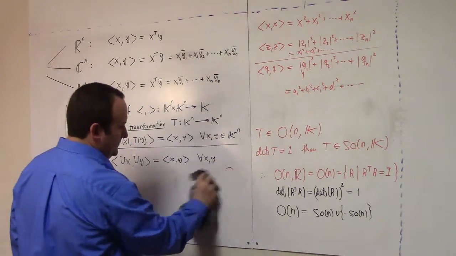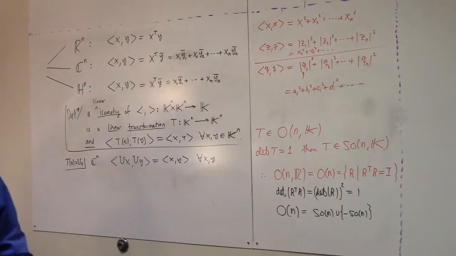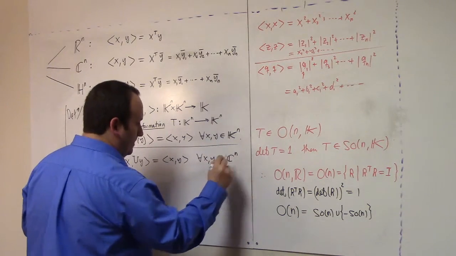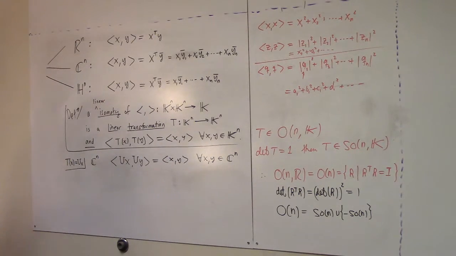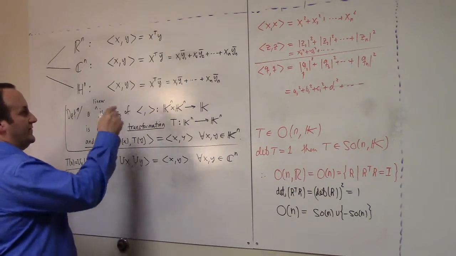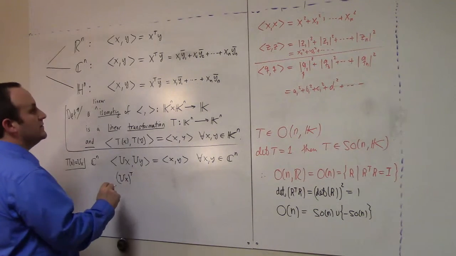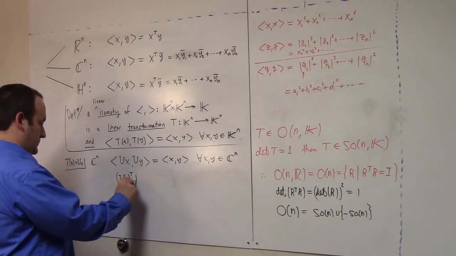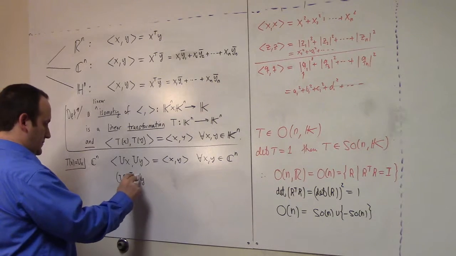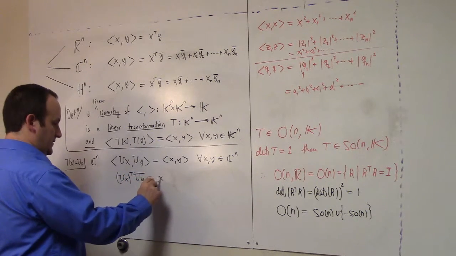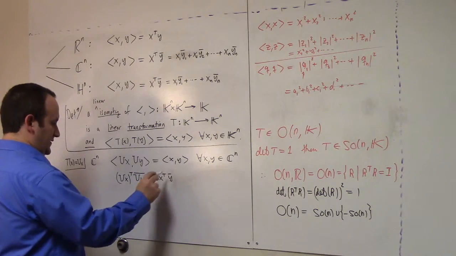Start from scratch. So for all x and y complex n vectors, what is this? This is, by our definition, (Ux) transpose times y conjugate, equals x transpose y conjugate.